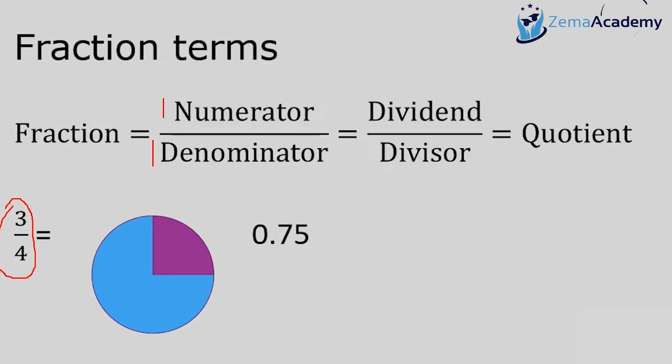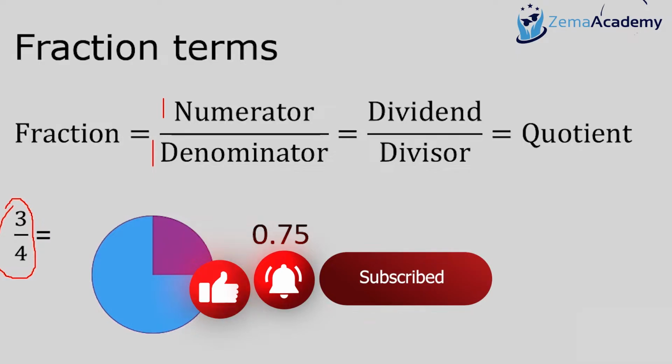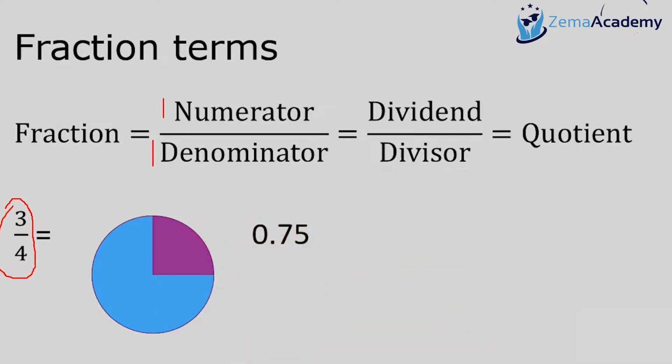So, for example, in our 3 over 4, or 3 quarters, or 3 out of 4, 3 is the numerator, and 4 is the denominator. Interestingly, it's also the same as saying 3 divided by 4. So obviously we can calculate this out.